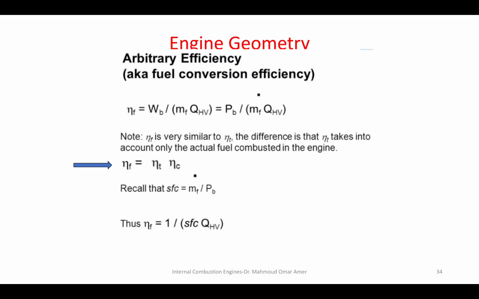I don't want you to panic or memorize these things. You need to understand the meaning of mechanical efficiency, thermal efficiency, and combustion efficiency, and the difference between indicated, brake, and friction. If you know these meanings, you will get every term right.